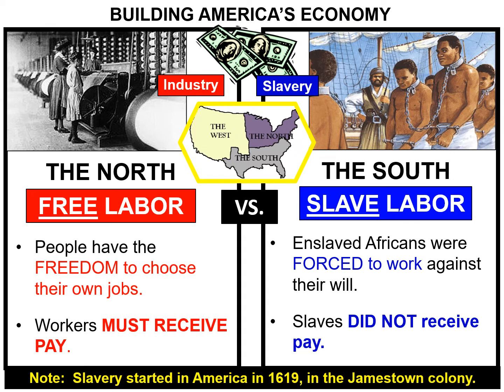And this was very problematic in the South because you're pretty much human trafficking people and forcing them to work without any pay and without benefits. But this is the way that the country made their money, through slave labor and also through free labor.